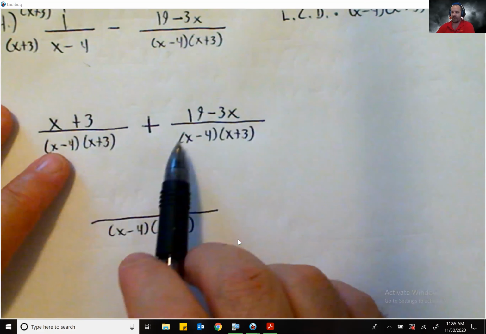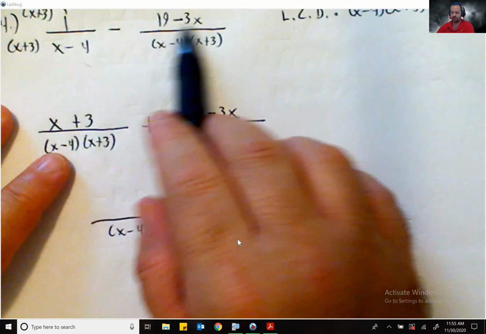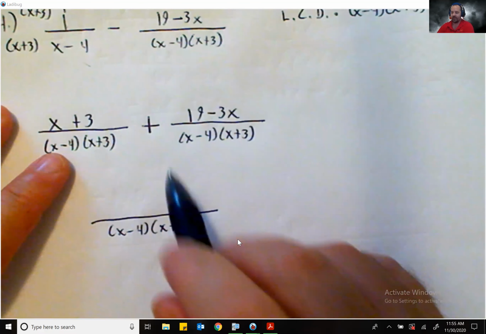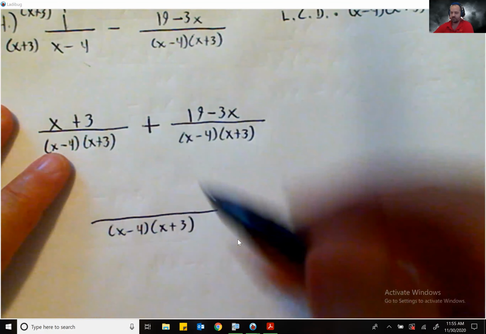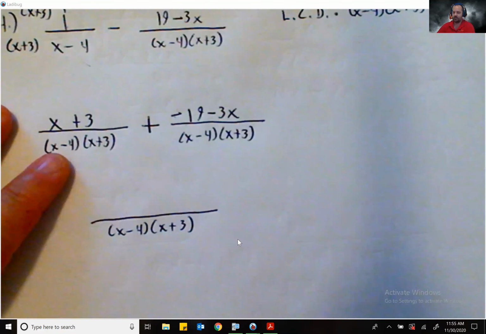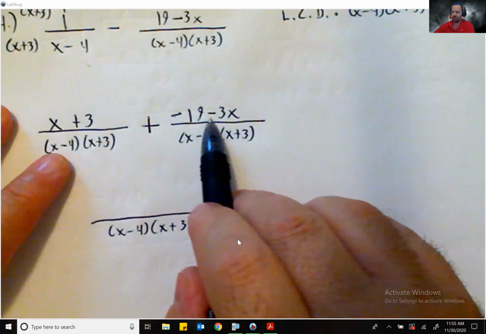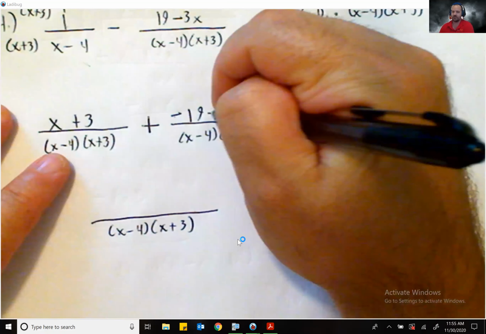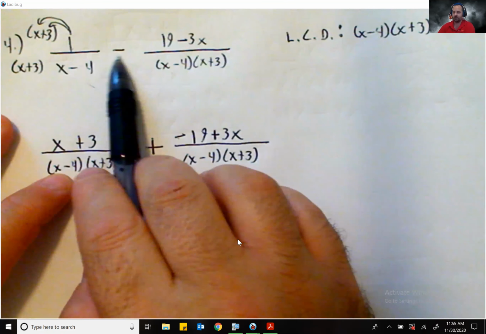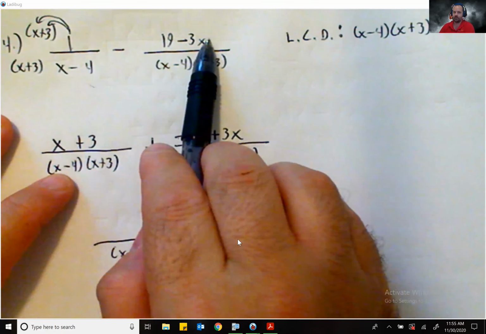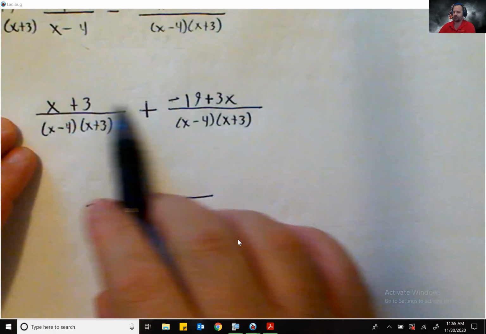Know that you are subtracting all of this in the numerator. So I turn that into a plus, and a positive 19 becomes a negative 19. The negative 3x becomes a positive 3x. And now all you have to do is put like terms together.